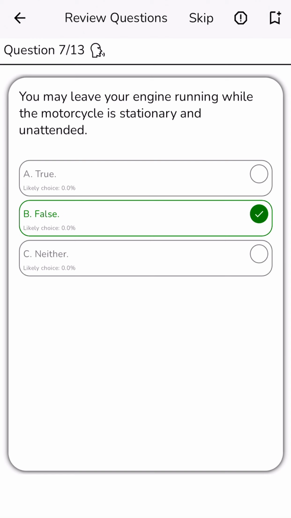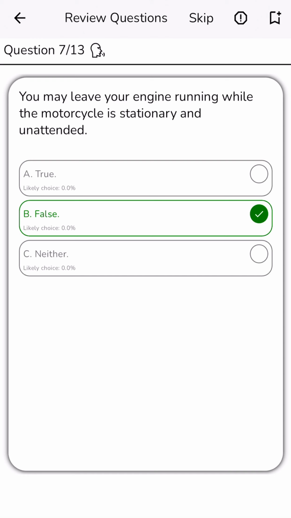You may leave your engine running while the motorcycle is stationary and unattended. I've got an option: true, false, neither. Guys, it just has to make sense without you having to read through the theory part.